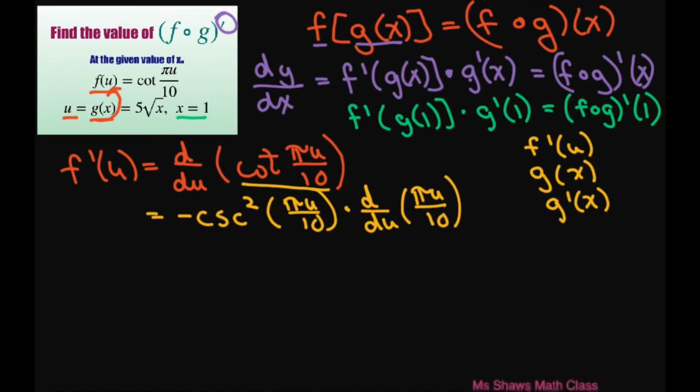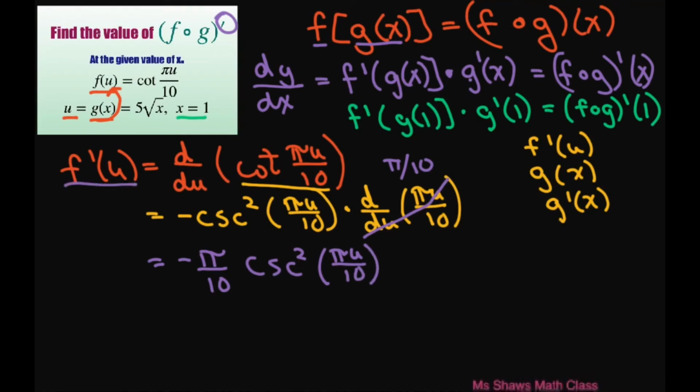This just equals pi divided by 10. So our final answer for this is negative pi divided by 10 cosecant squared of pi times u divided by 10. So that's what this is.